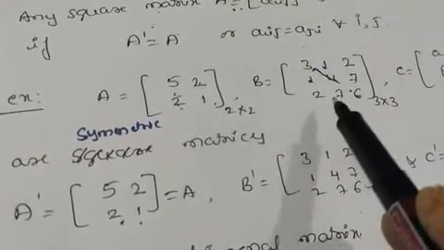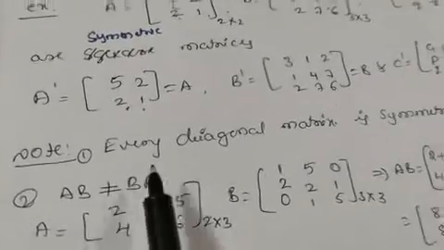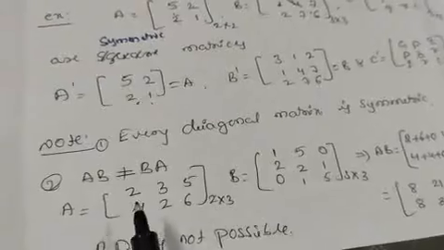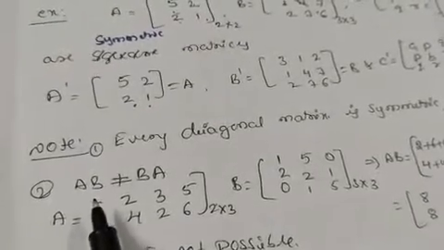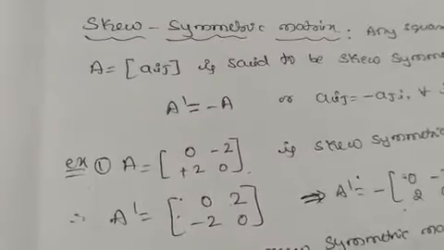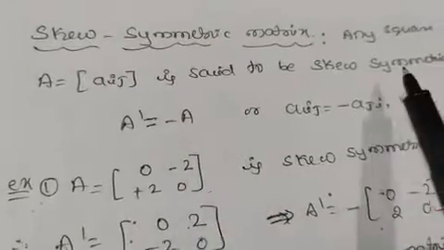Then we can say that it is a symmetric matrix. So every diagonal matrix is a symmetric matrix, and we know here A into B is not equal to B into A.